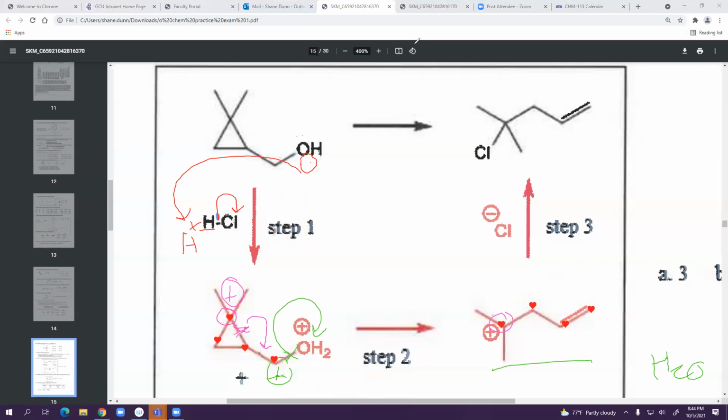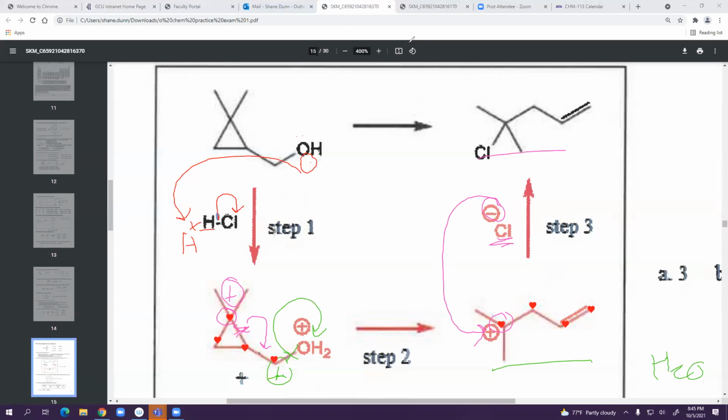Okay. Hey, where did this guy come from? The Cl. He came from the HCl, right? He's still in the solution. He wants to react, right? He's going to bond to that positive charge, making this guy.